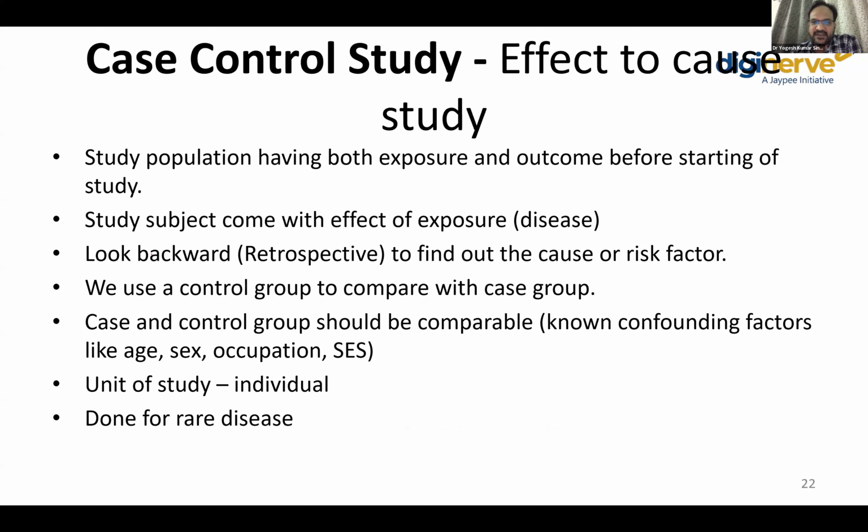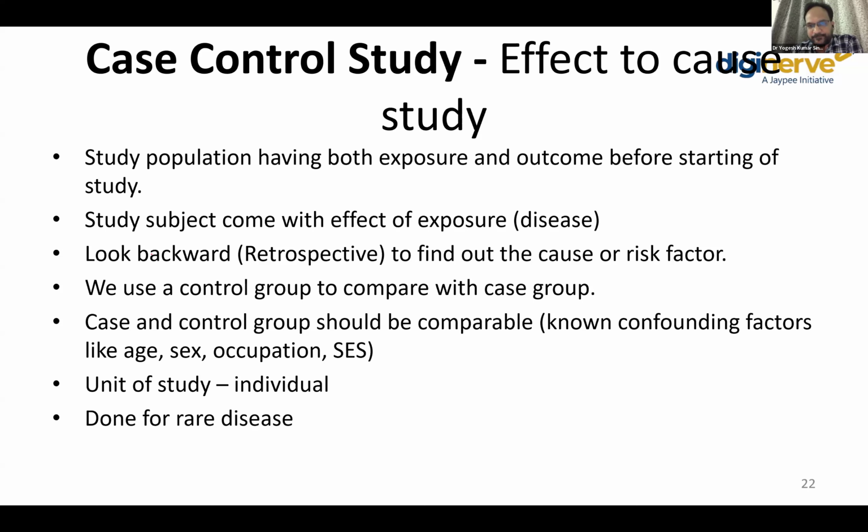So exposure and outcome both started before the starting of the study, and the study subject comes with the effect of exposure. That's why we are saying it is a case control study, because the person coming to us is a case. And it is a look backward study, a retrospective study, because we try to find out the cause, or the risk factor.